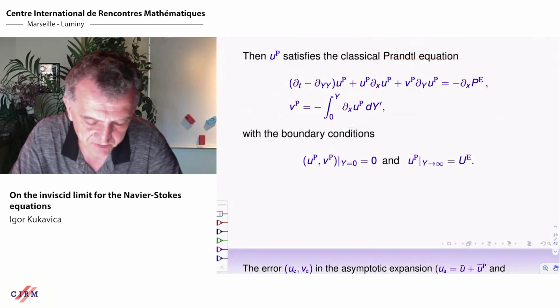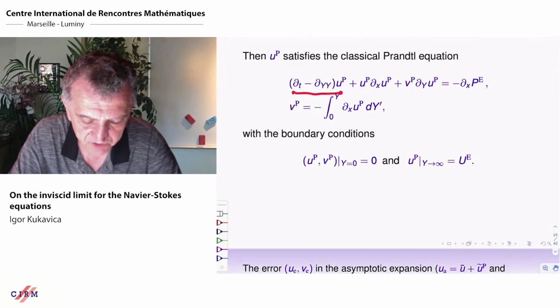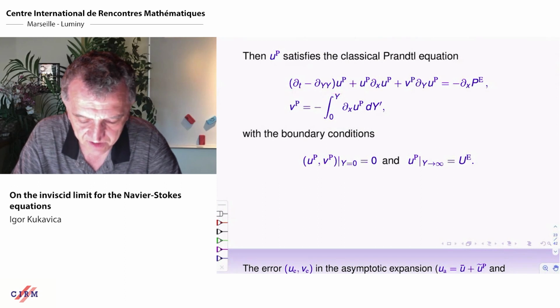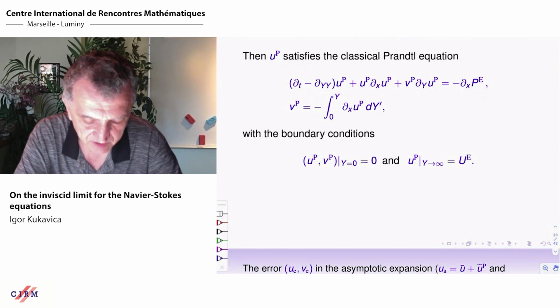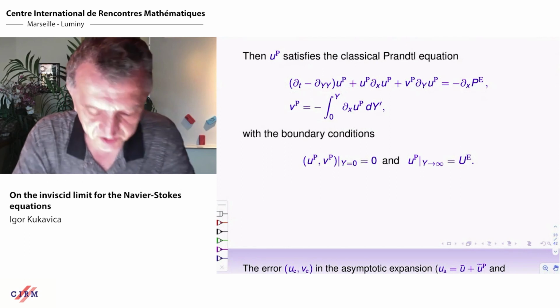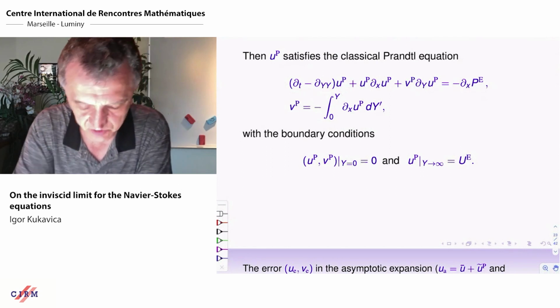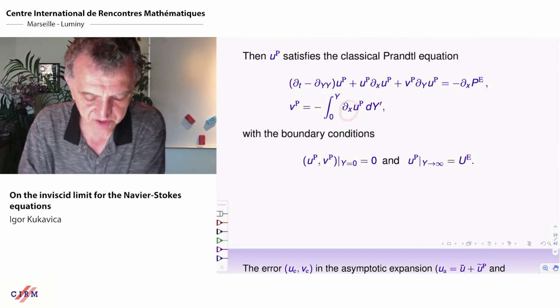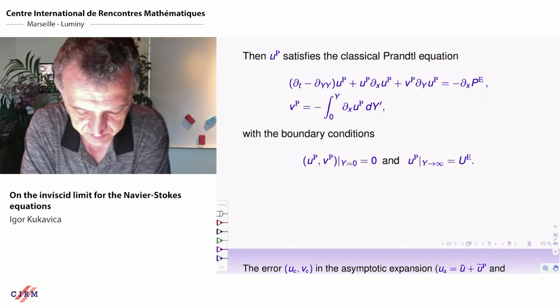And so the Prandtl equation has the dissipation term, which does not contain the x variable. So that's a difficulty. The second difficulty of the equation is that there is no evolution equation for v. Actually, v is obtained from the integral of up. This may seem like good news, but unfortunately, there's a loss of derivatives. So the equations are actually quite tricky.